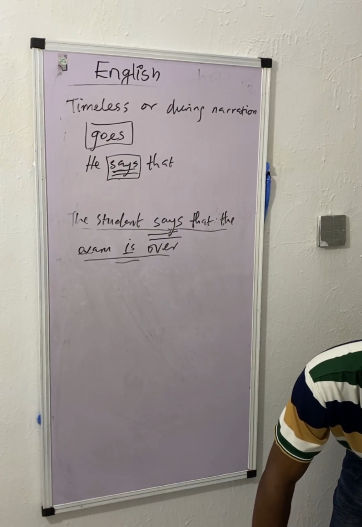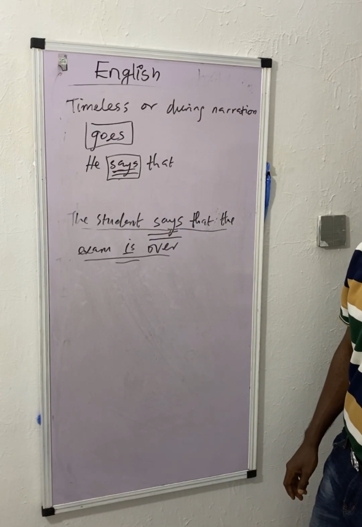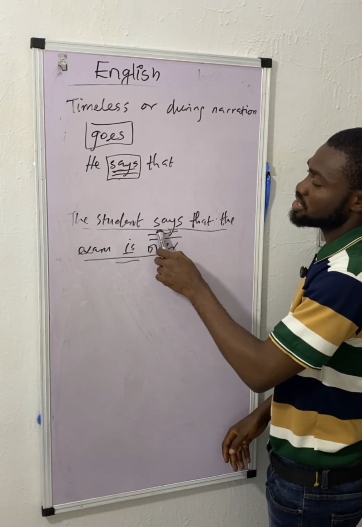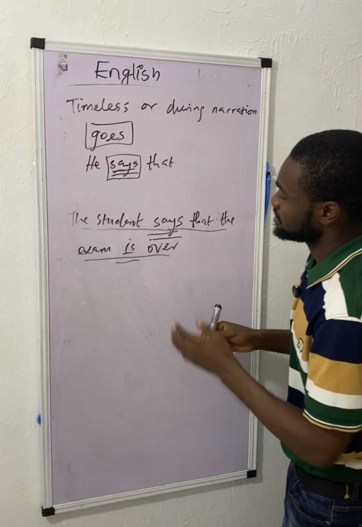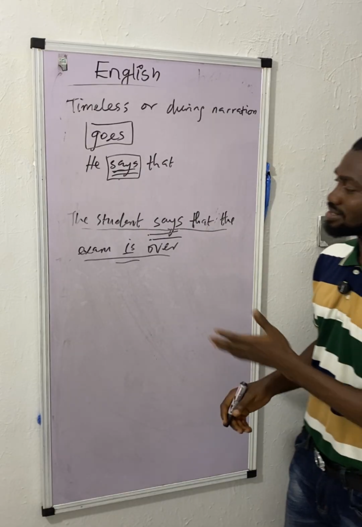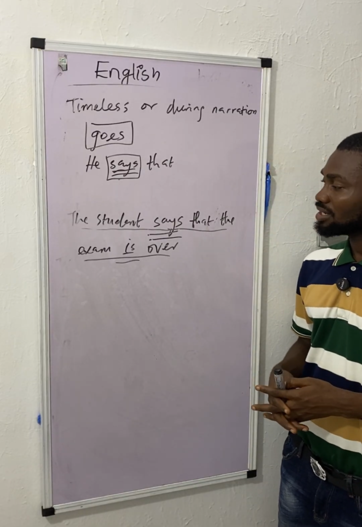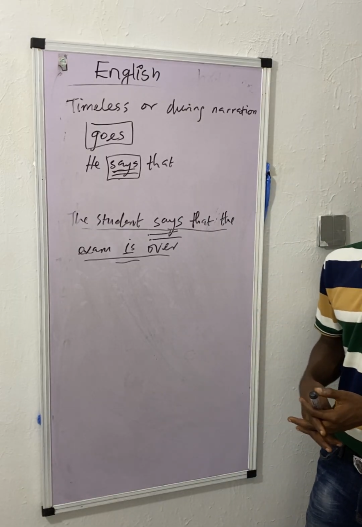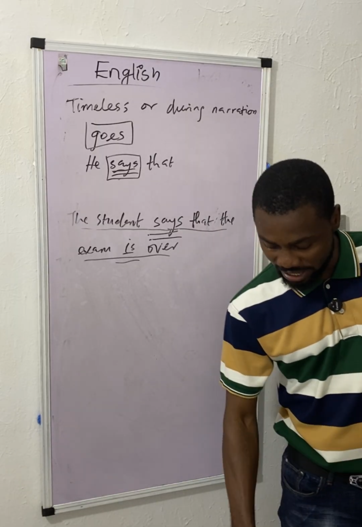Like I said, you can also omit the third law and use simple present. For example, says, the forms ending with s, and forget about putting past tense or past perfect tense and all of that. You use it in timeless expressions, in timeless statements, statements that have no end.